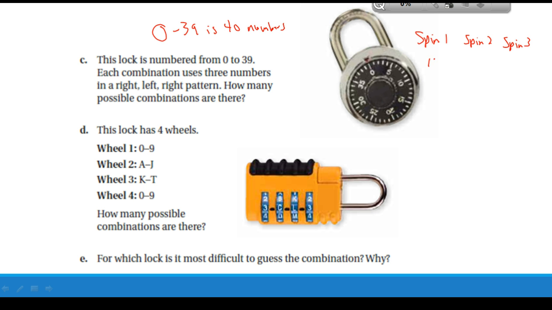For spin 1, there's 40, and spin 2, there's 40, and spin 3, there's 40. So it'd be 40 times 40 times 40, or if you like, 40 to the third. And that is 64,000.